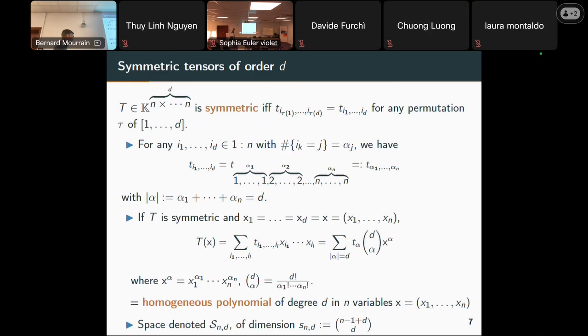It's a space denoted S_n^d, where n is the number of variables and d is the order. Its dimension is this binomial coefficient, n plus d minus 1 choose d, so the number of monomials of degree d in n variables.